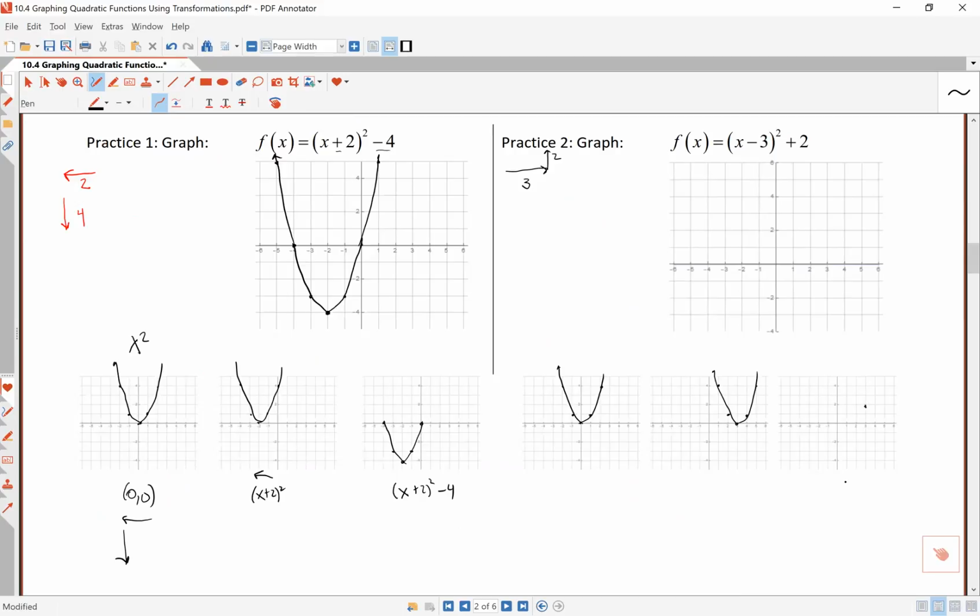So that means our new starting point is at 3, 2. And then I know my graph goes over 1 up 1 and over 2 up 4. Over 1 up 1, left 1 up 1, over 2 up 4, and left 2 up 4.